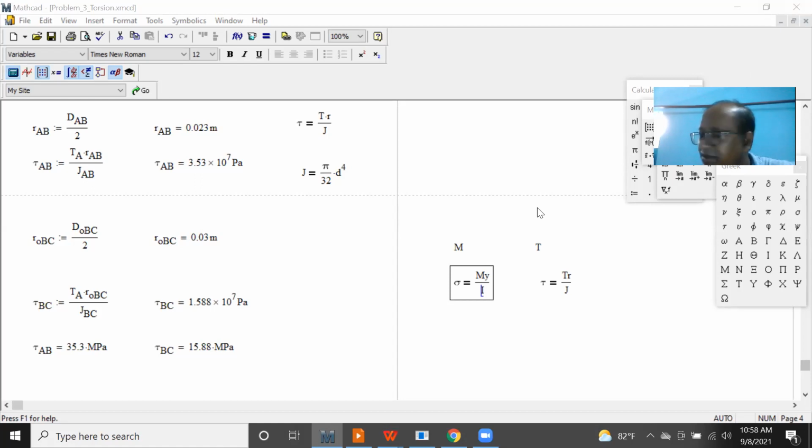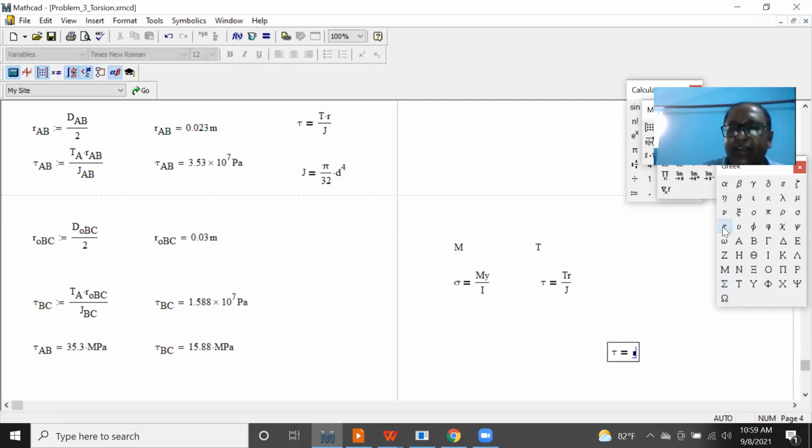Do you know? In the beam, we have two stresses. One is bending stress, the other is shear stress. You don't know, okay. Tau equals VQ divided by Ib.